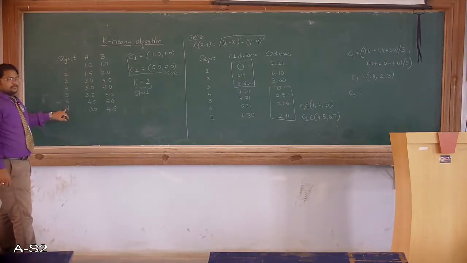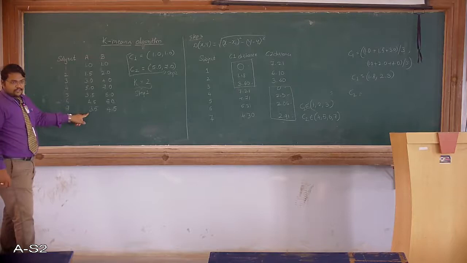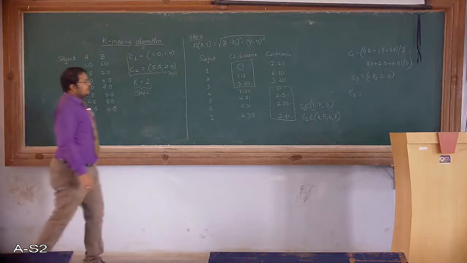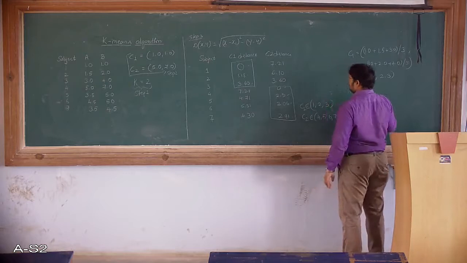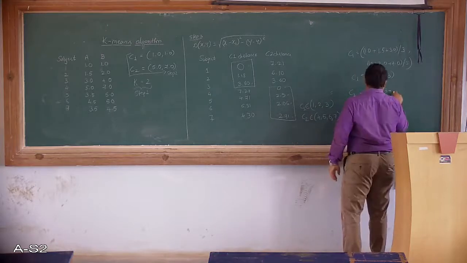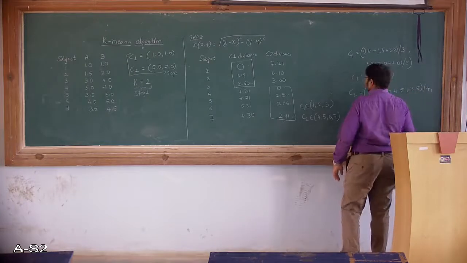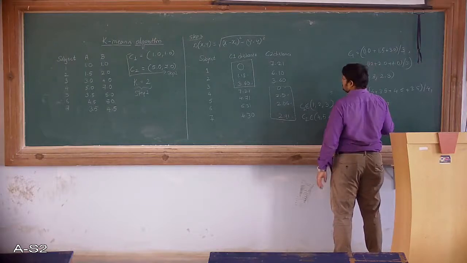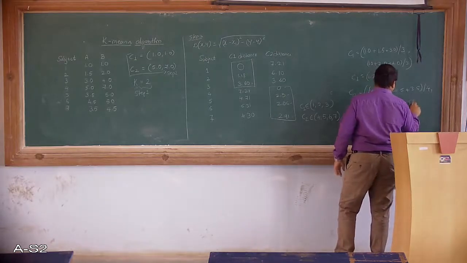Again we are going to do the average in the same way: 5 plus 3.5 plus 4.5 plus 3.5 whole divided by 4, because we have 4 entries, comma, 7 plus 5 plus 5 plus 4.5 whole divided by 4.